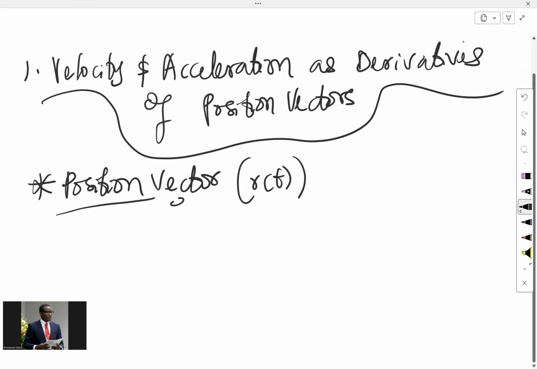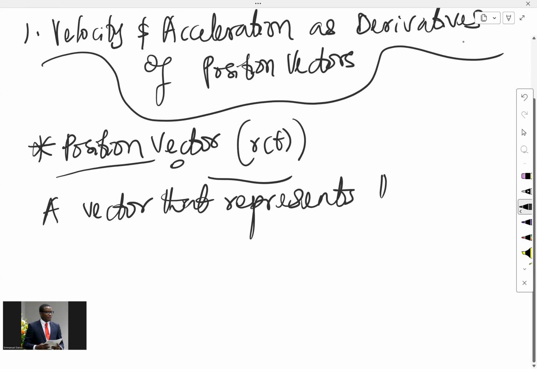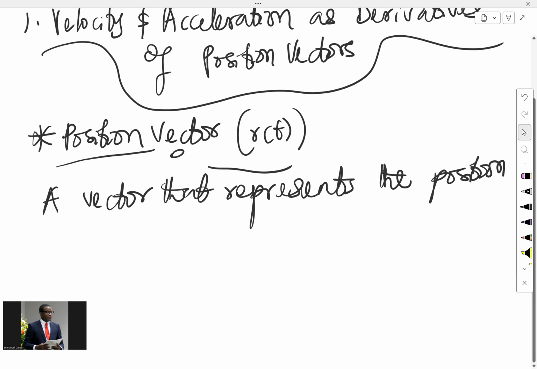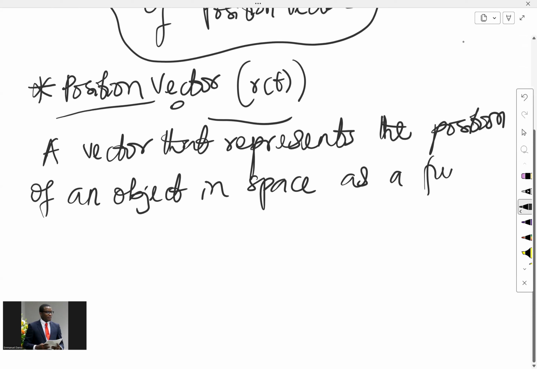And this is simply a vector that represents the position of an object in space as a function of time t.